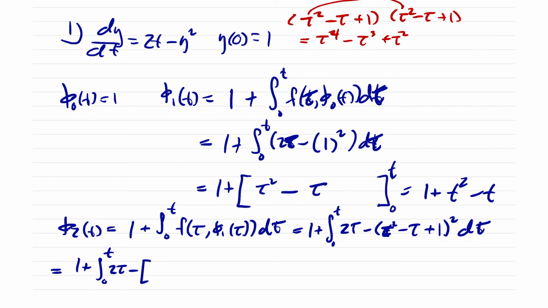I really don't want to do this. So this guy multiplied times each of these. Now we have minus tau cubed plus tau squared minus tau, and that's this guy times each one of these. And now we have plus tau squared minus tau plus 1.